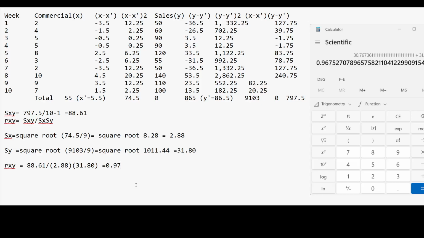So our answer is 0.97, and what does this correlation coefficient mean?